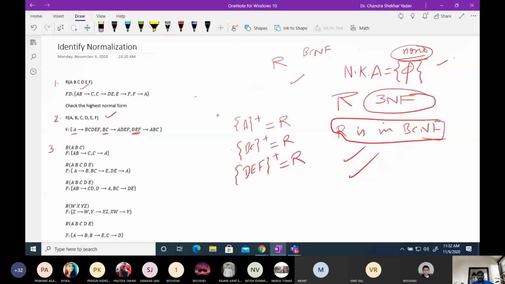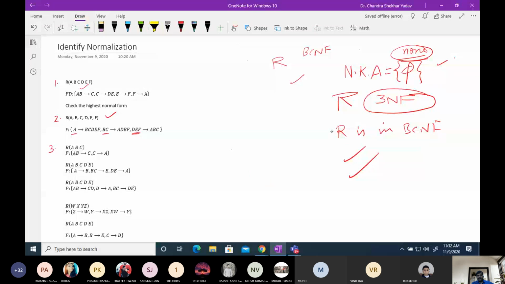Same steps. First we will find out all the candidate keys, and then we will find out non-key attributes, and we will check R from BCNF. And if R is not in BCNF, then we will check the constraints of third normal form.